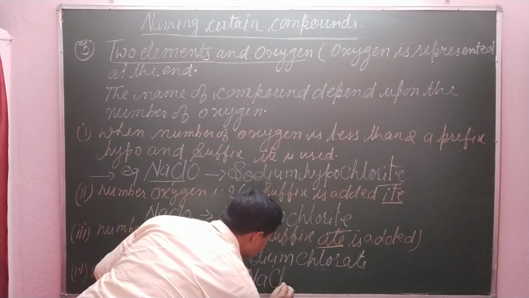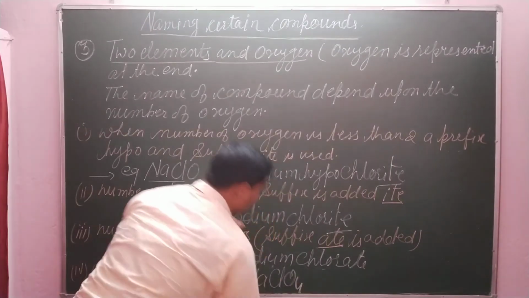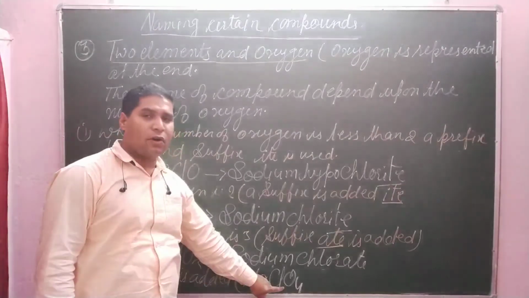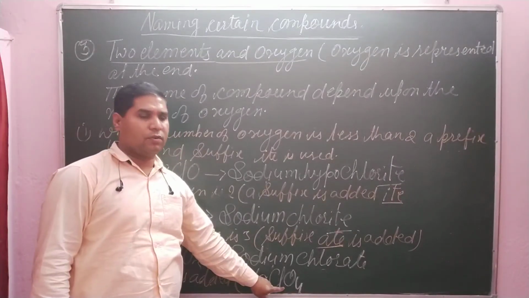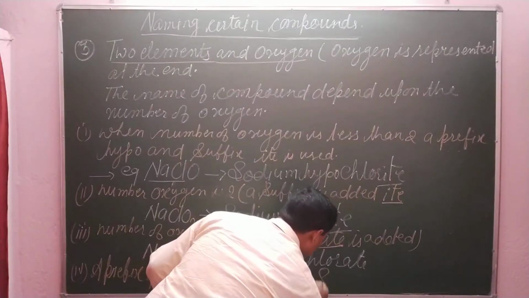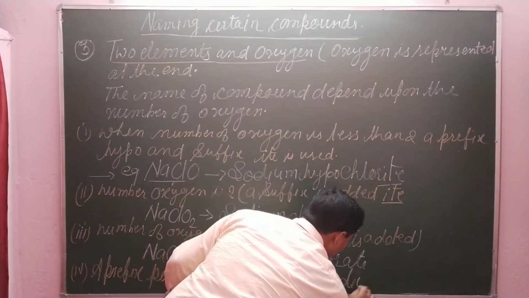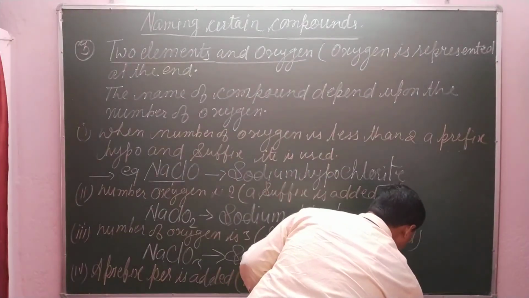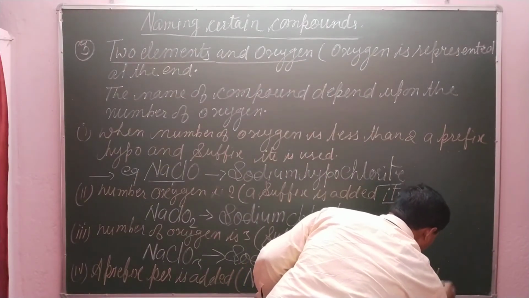NaClO4, where in this compound you see, dear student, the number of oxygen is 4. So the name will be sodium perchlorate.